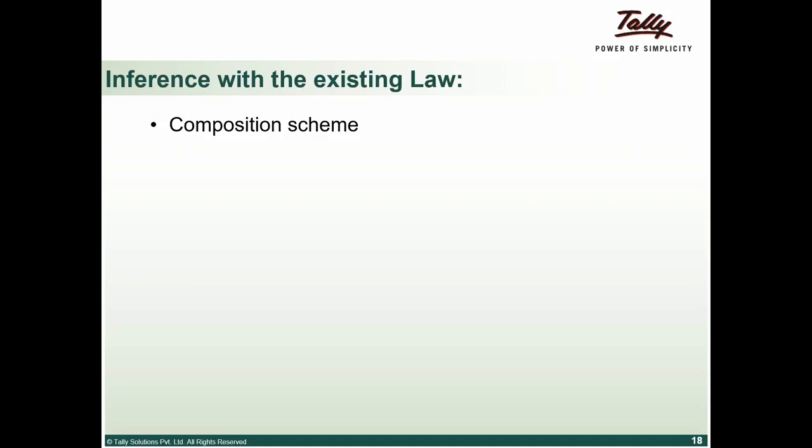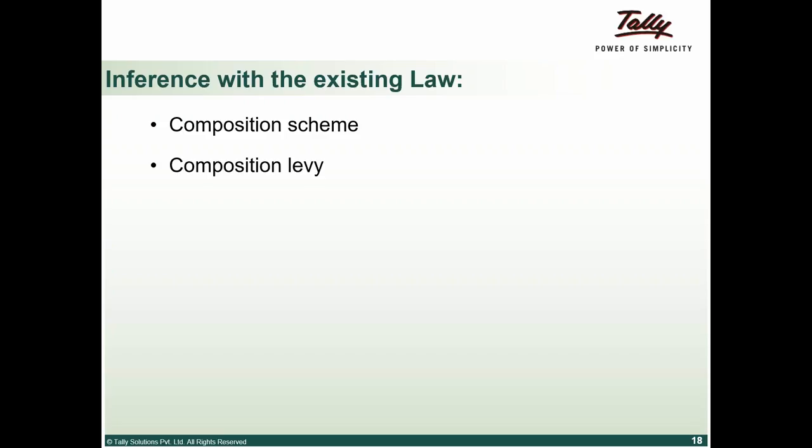The composition scheme was there in the existing regime and will continue when the composition scheme is made available under the GST law also, which we have seen and discussed. The next is the composition levy.